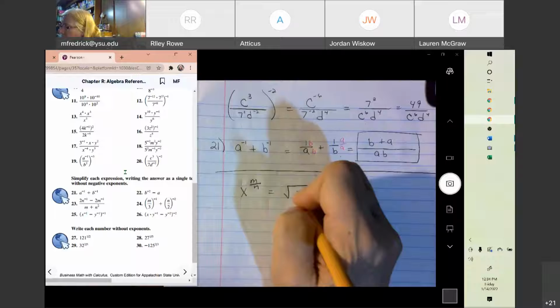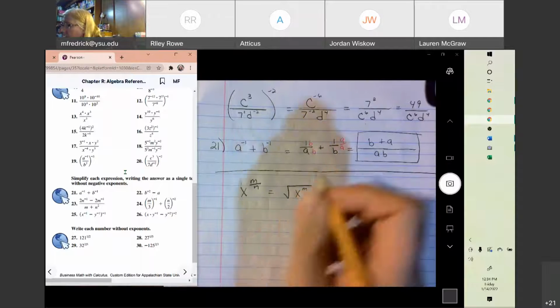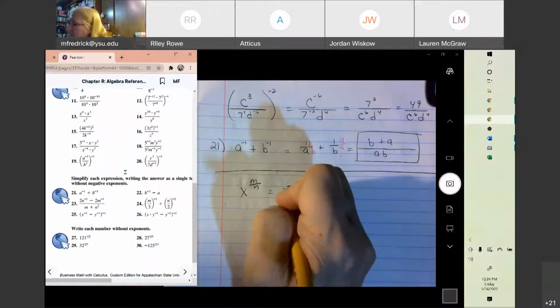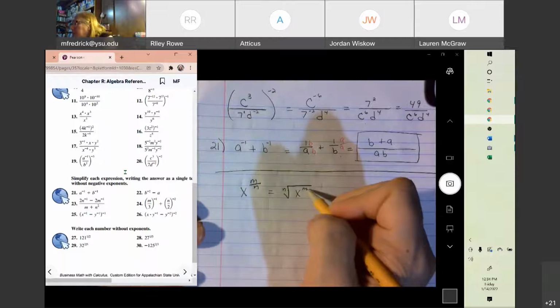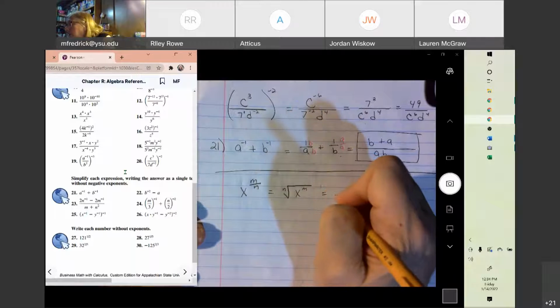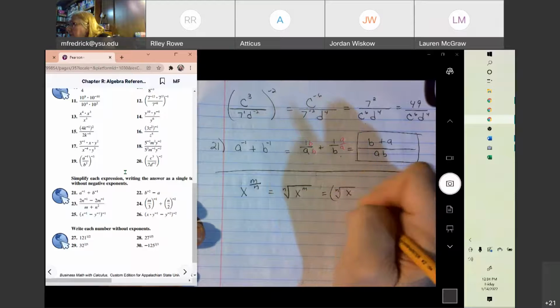You can put X to the M inside, but that denominator, that's a root. So if it was a 2, it would be a square root. If it's a 3, it's a cubed root. Now the M can be on the inside or the outside.